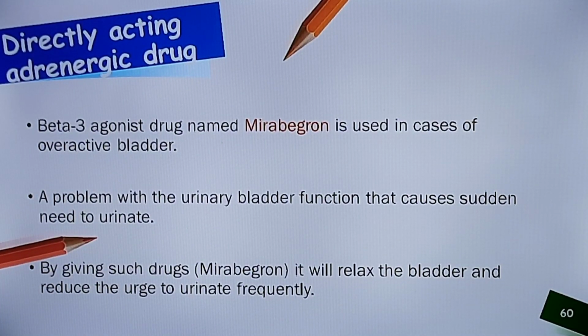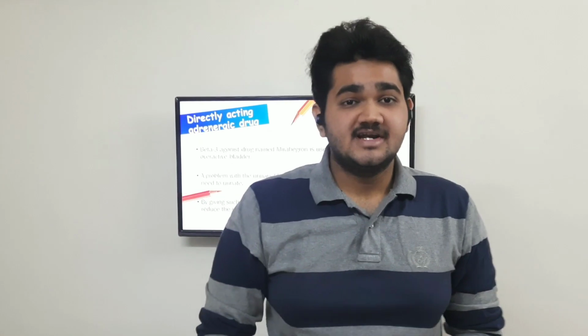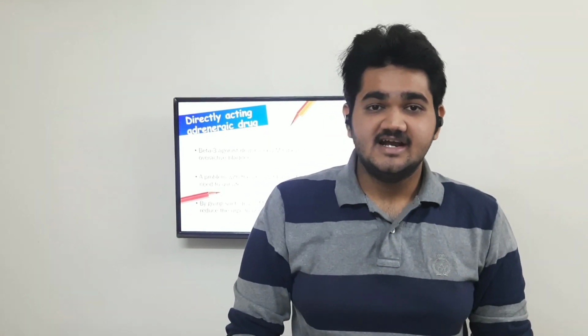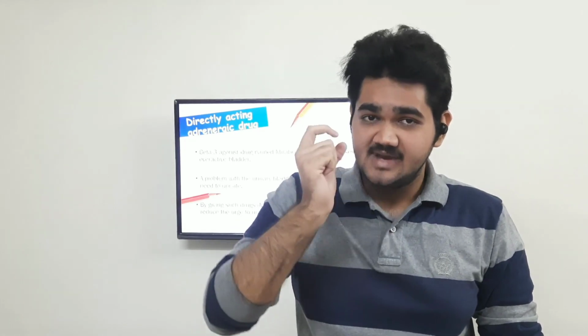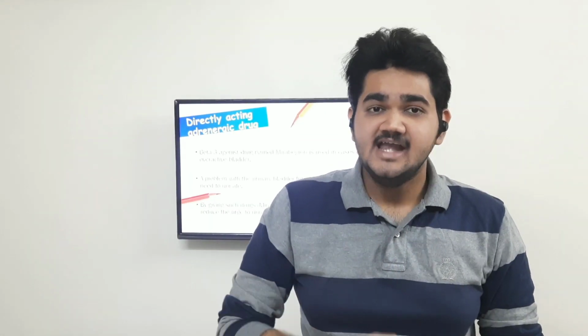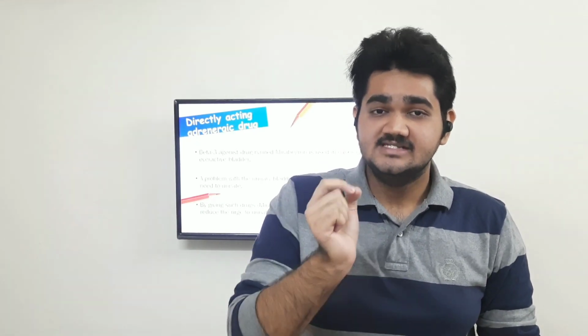So just think, if I have a drug which can bind to our beta 3 adrenergic receptor, which is present on the urinary bladder, it will relax the urinary bladder, and this frequent urge of urination will be suppressed.